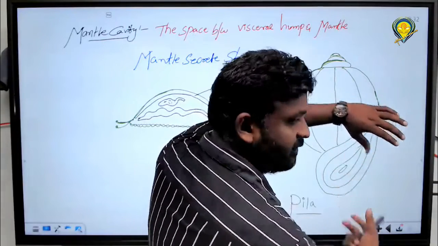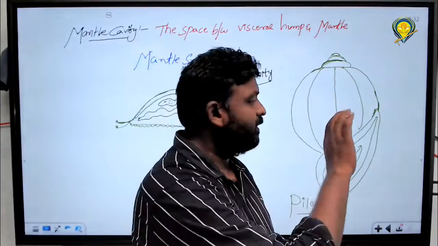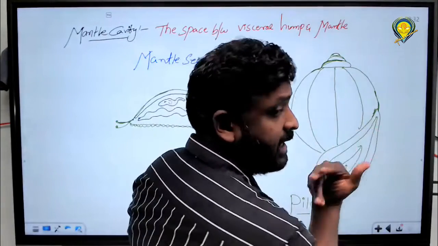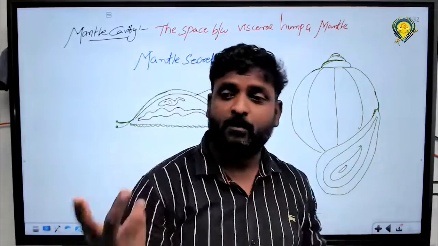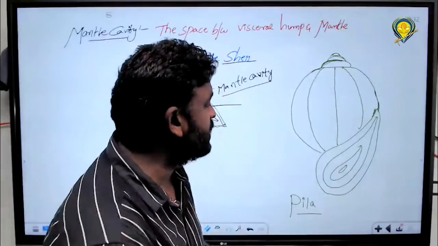You know why it is twisted? By 180 degrees, right? It's not an entire turn. A total turn is about 360 degrees, so it was turned 180 degrees. You know why?